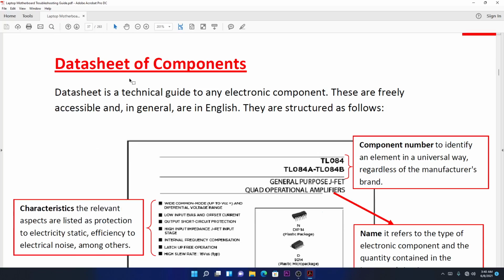Anyway, this is a very important thing that you should understand and learn as a technician. There are things called data sheets of components. Let's say you are removing a chip. Even if you do have a schematic, it's fine, and you want to replace it with another chip. It doesn't necessarily mean you have to find exactly the same chip.